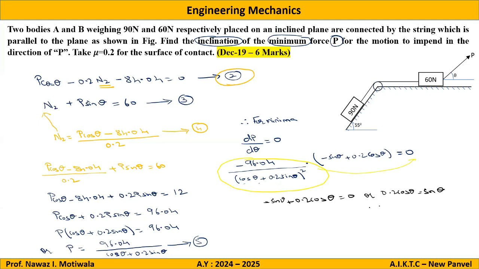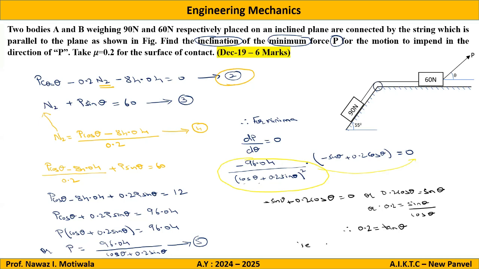Or I can write 0.2 is equal to sin theta upon cos theta. And we know that sin theta upon cos theta is tan theta. Therefore, 0.2 is equal to tan theta.